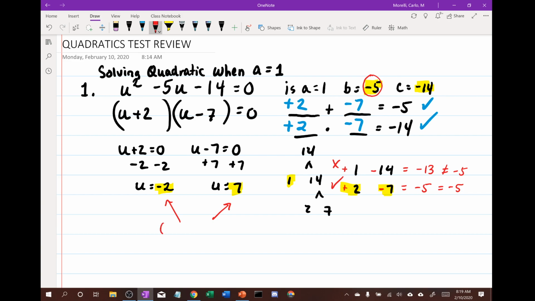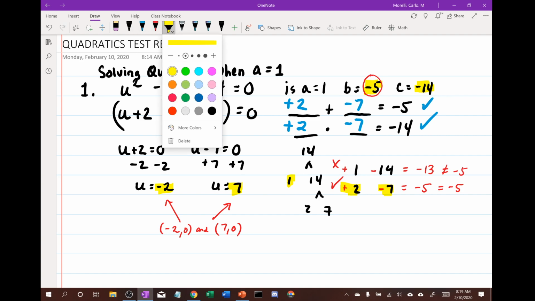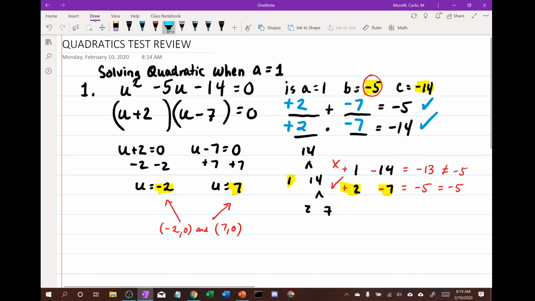So the graph crosses the x-axis at negative 2, 0 and 7, 0. The roots, that's right. The y-intercept is c, which is negative 14. So you just need to be aware of these little facts. Also, since a is positive, we know the graph slopes upward. Just keep that in your mind.